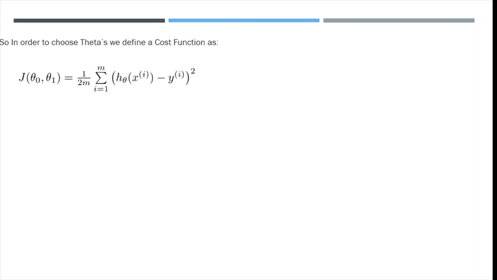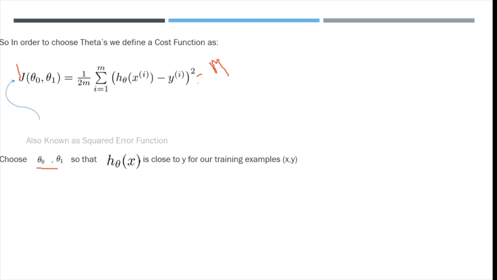This is our cost function, and we choose theta naught and theta 1 so that our hypothesis is close to y for our training examples. What I mean is, we choose theta naught and theta 1 so that this cost function will get minimized. This cost function is also known as the squared error function.